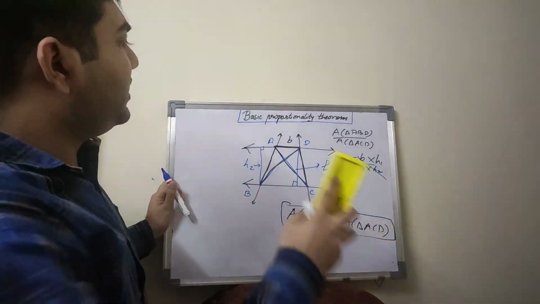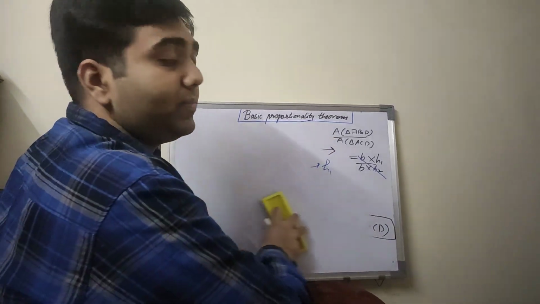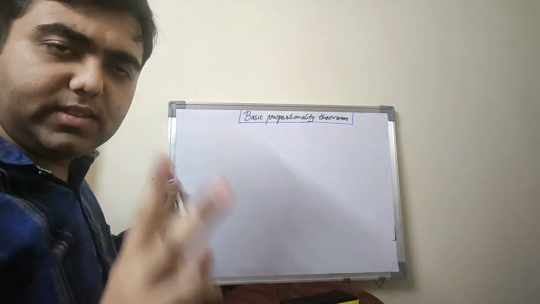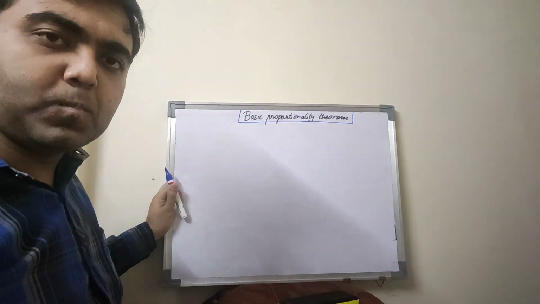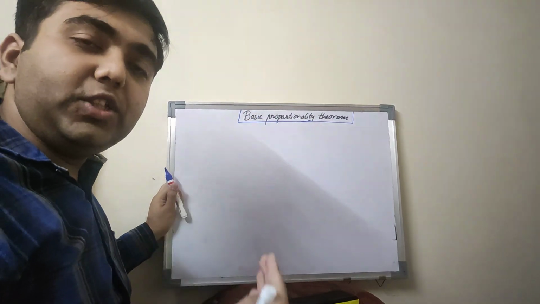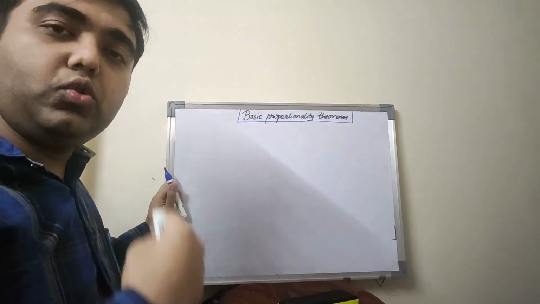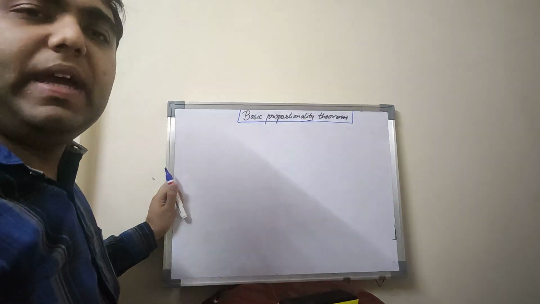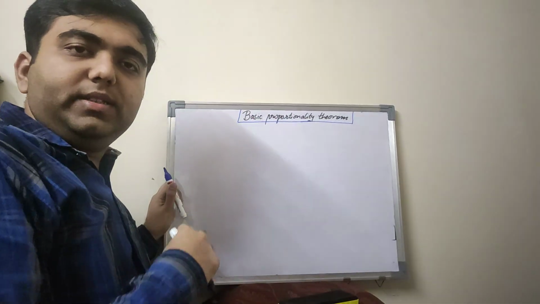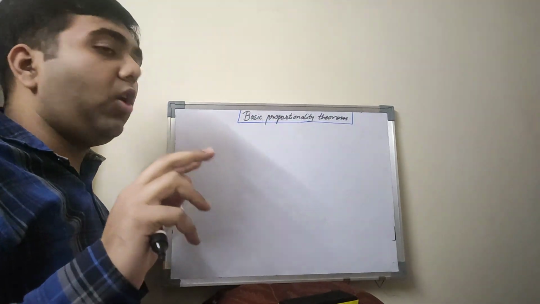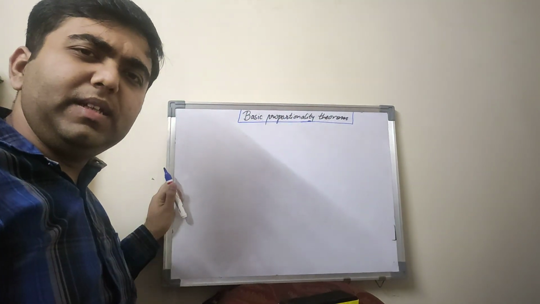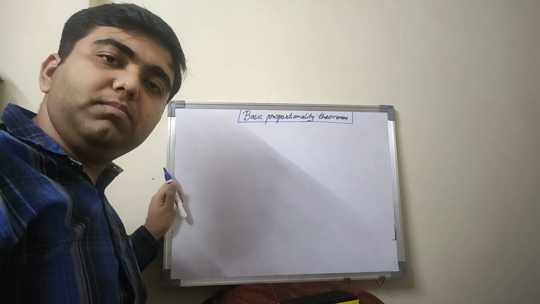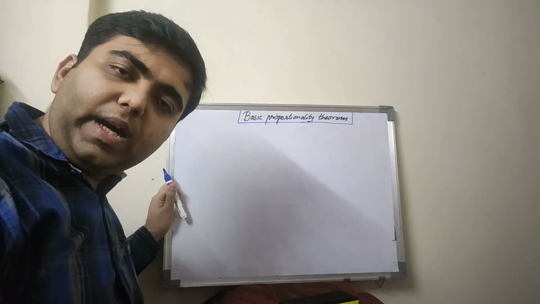So up till now we'll just revise the 3 special cases we talked about. If you have two triangles with common height and different bases, then the ratio of the areas of those two triangles is nothing but the ratio between their bases. And if you have two triangles with a common base and different heights, then the ratio of the areas of these two triangles is going to be the ratio of the heights.